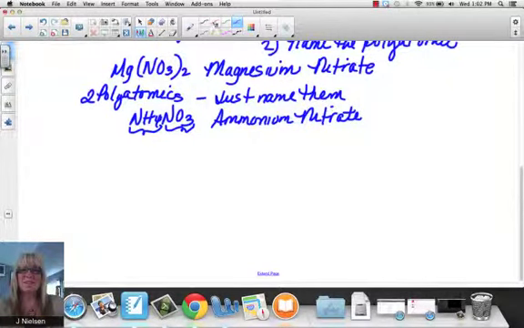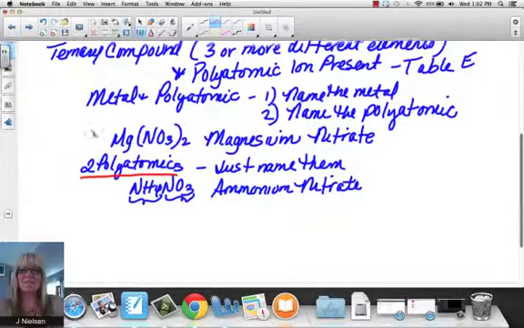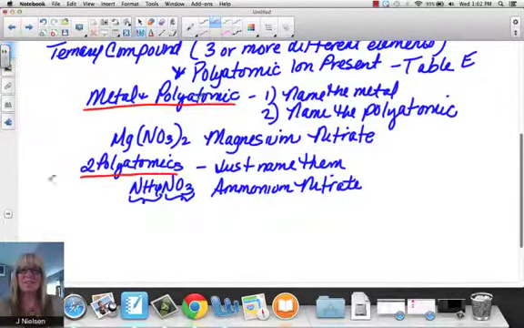I'm just going to go back and underline these different subcategories. Here we go. Okay. We might have a polyatomic and a nonmetal.